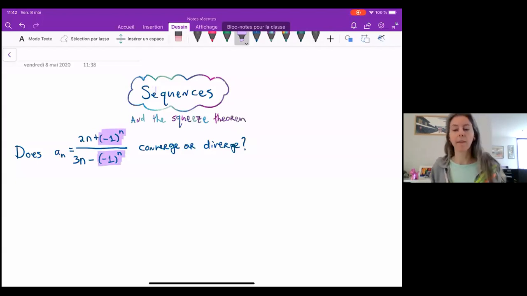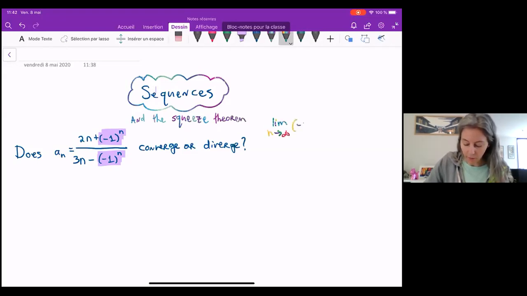So we said that the squeeze theorem is useful when you have something whose limit doesn't exist. So we know that the limit as n approaches infinity of (-1)^n does not exist because it's bouncing back and forth, oscillating between -1 and 1.